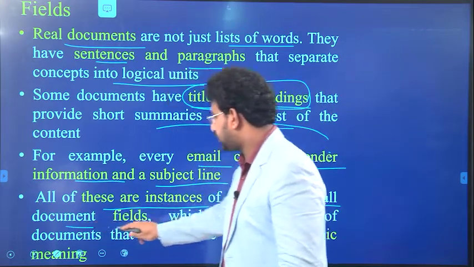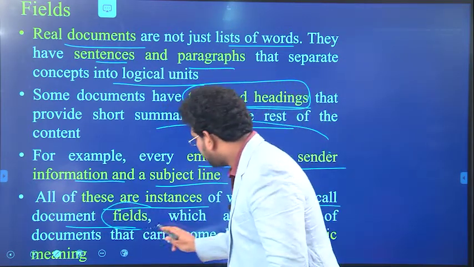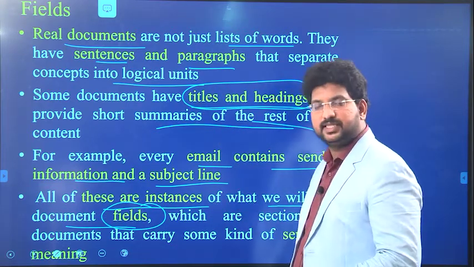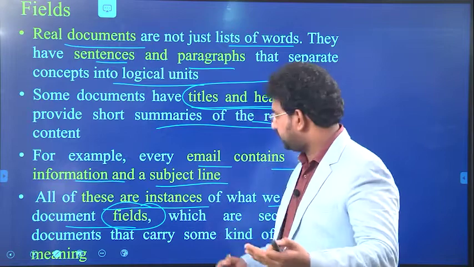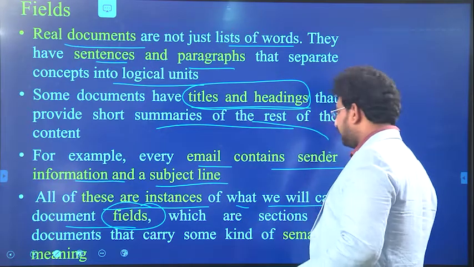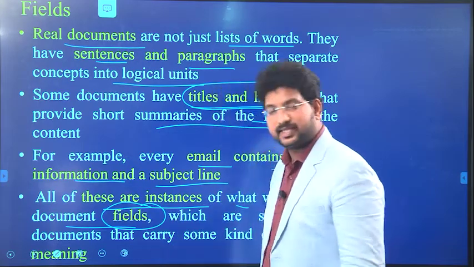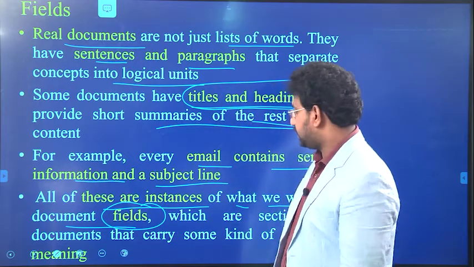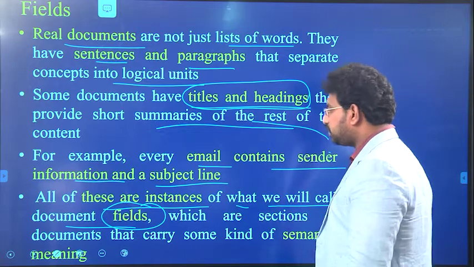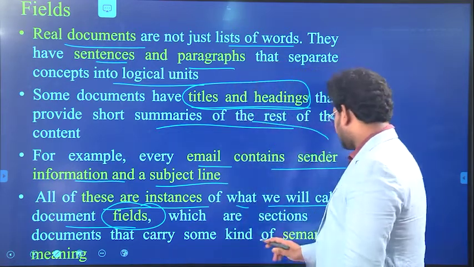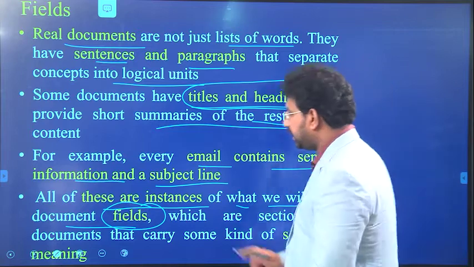document fields. Observe, this is the word we are discussing. All of these are different instances of what we call document fields. They are the different sections of the document that carry some kind of semantic meaning.